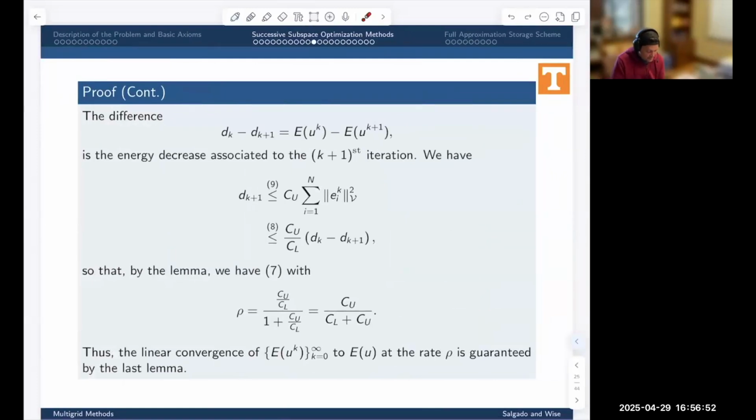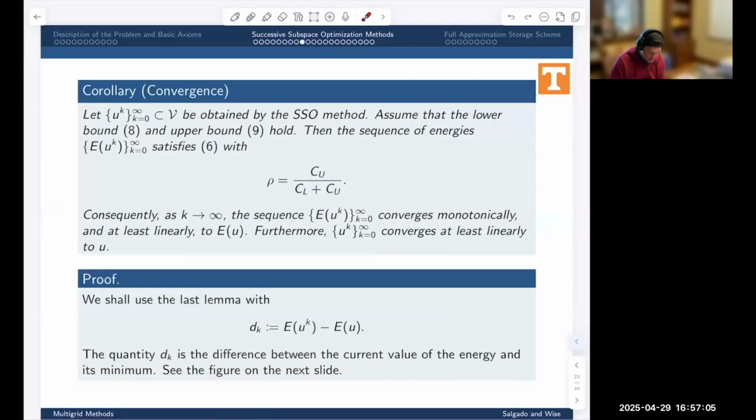Now let's take the difference of these two. What's d_k minus d_{k+1}? Well, that's the energy difference, E(u_k) minus E(u_{k+1}). How do you see that? Well, d_k is E(u_k) minus E(u). So d_k minus d_{k+1} equals E(u_k) minus E(u), minus E(u_{k+1}) minus E(u).